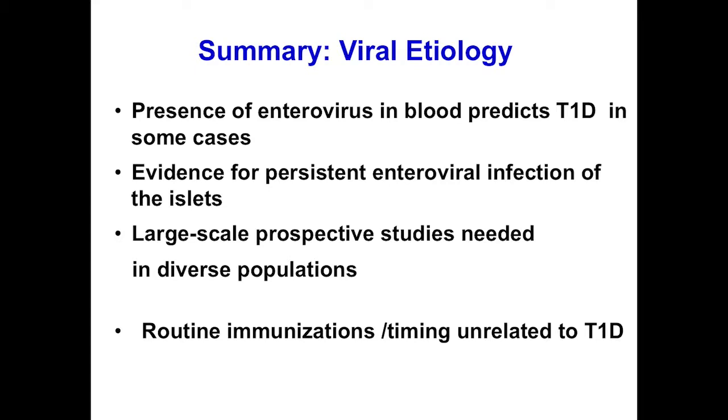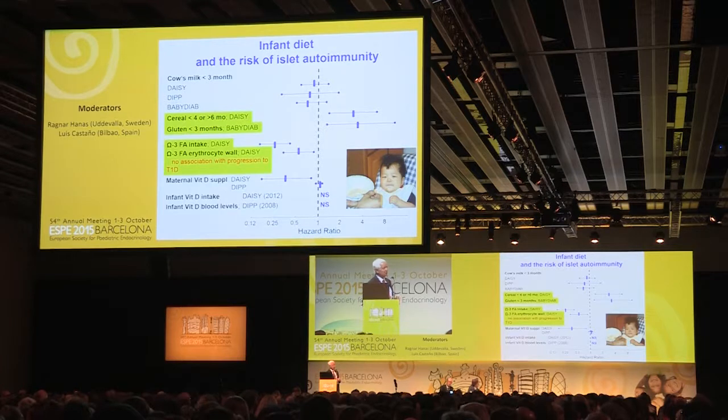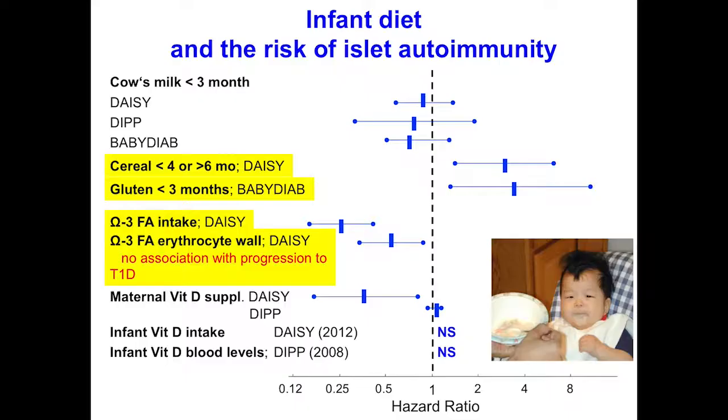Now, diet. Similar story, also a bit more consistent. What we know almost for sure with agreement from several prospective studies is that exposure early in life to cow's milk is not a risk factor.